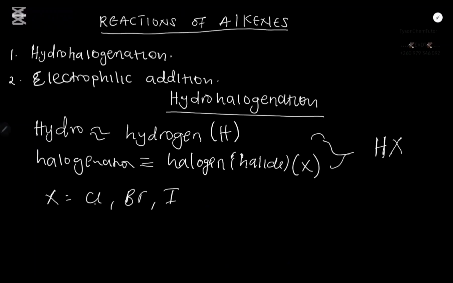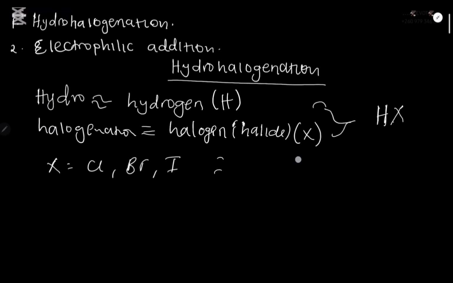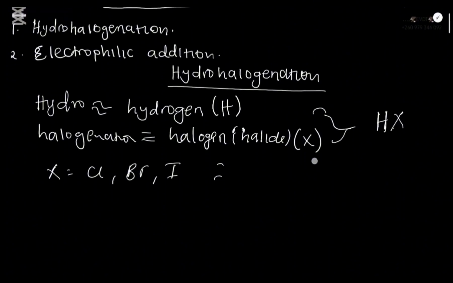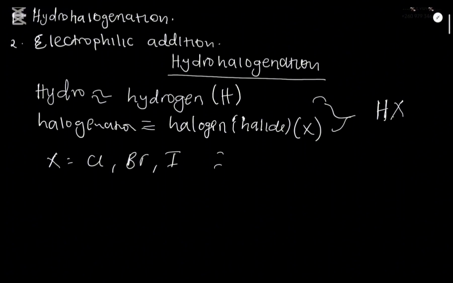So we have three: chlorine, bromine, and iodine. So this gives us hydrohalogenation, the reaction of alkenes with an acid. For example, we have hydrochloric acid, hydrogen bromide.